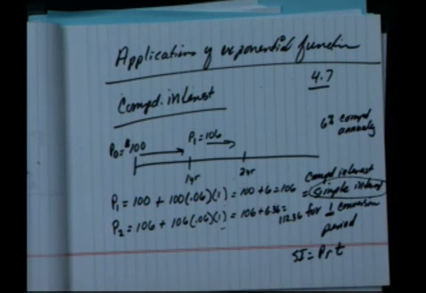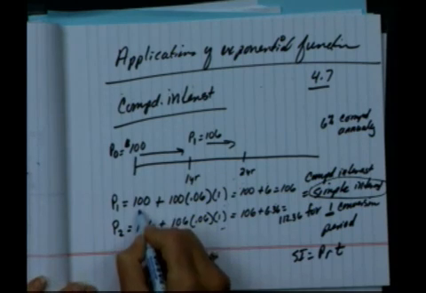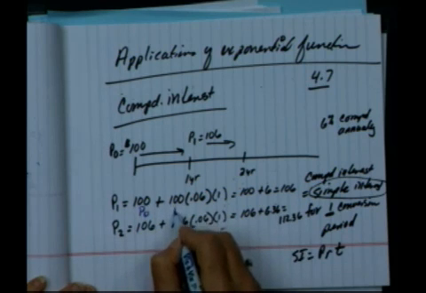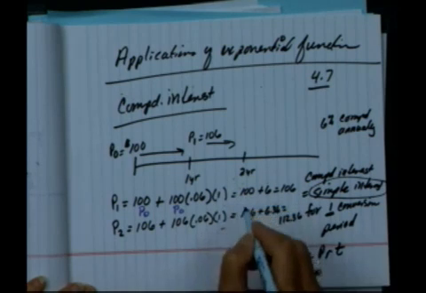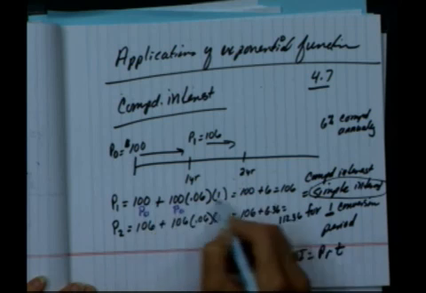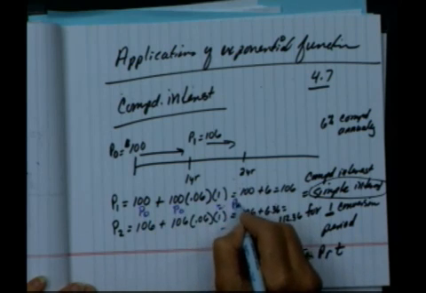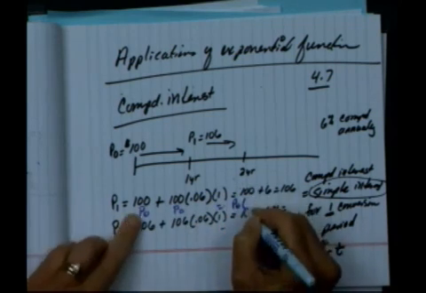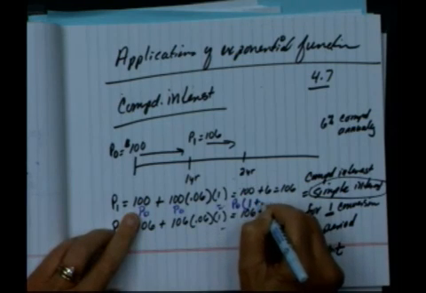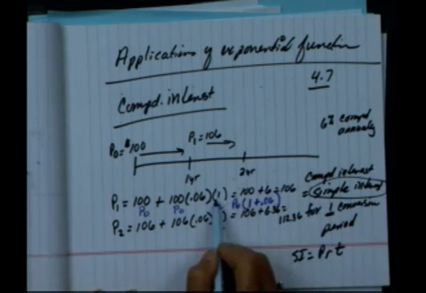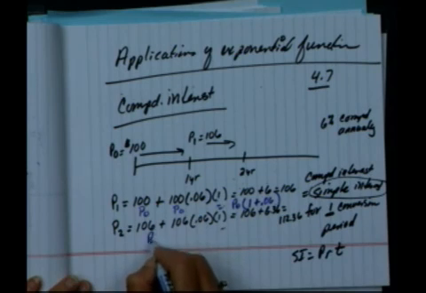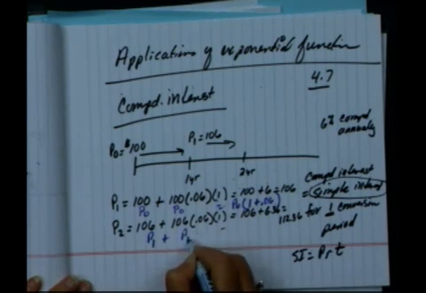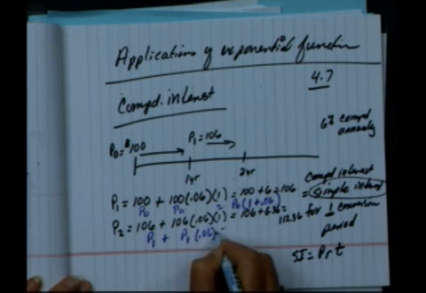And what I want to do in developing your formula is go with the symbols. This is P sub 0 for 100. And this gives me, if I factored out a P sub 0, P sub 0 times 1 plus 0.06 right here. All right, P sub 2 is P sub 1 plus P sub 1 times 0.06 times 1.